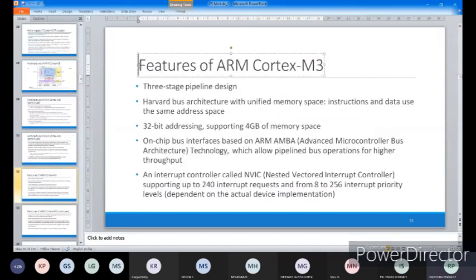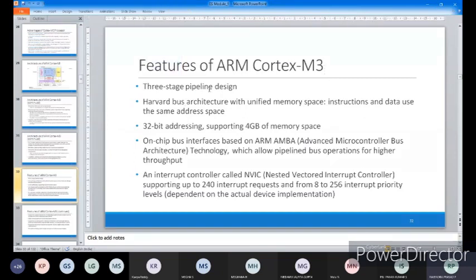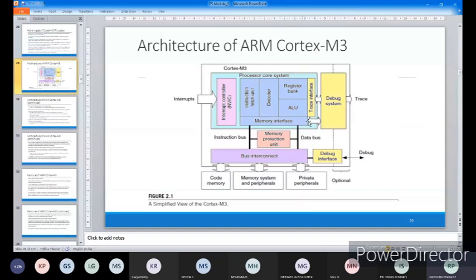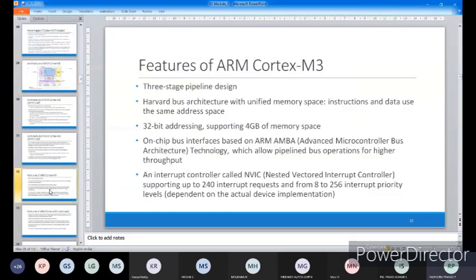Right. Next it is telling the features of ARM Cortex M3. Three-stage pipeline design. So three-stage pipeline design means your processor has been segregated into three stages. First stage is the processor core unit, second stage is the instruction and bus unit, and the third stage is this part. And they will be running parallelly, right? So parallel running means what is the advantage? It will be very fast. That is one feature. Okay.